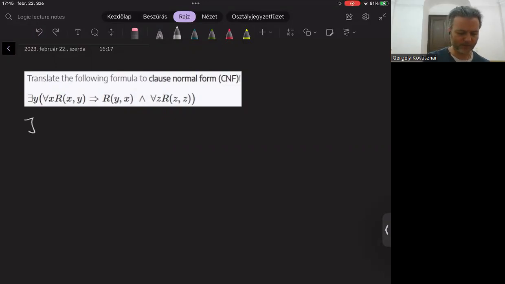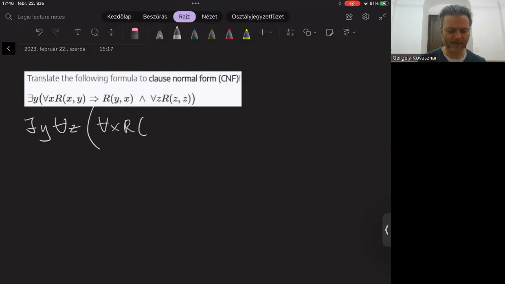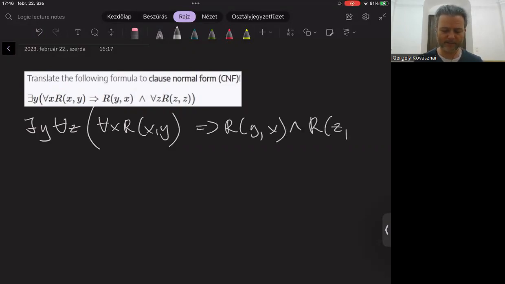So this is what I'm going to do. The result is exists y for all z. Then I start a huge parenthesis: for all x, R(x,y) implies R(y,x), and R(z,z). Okay.